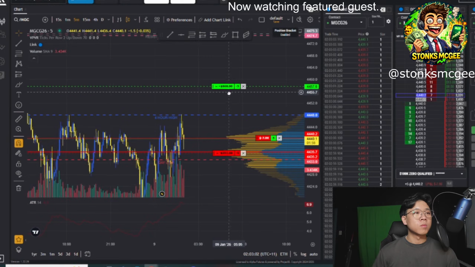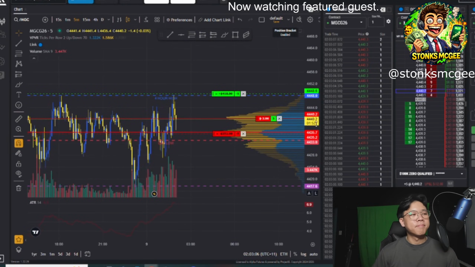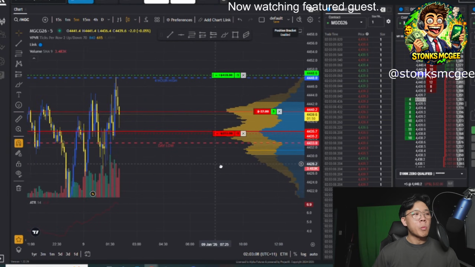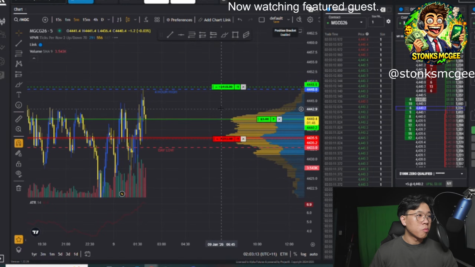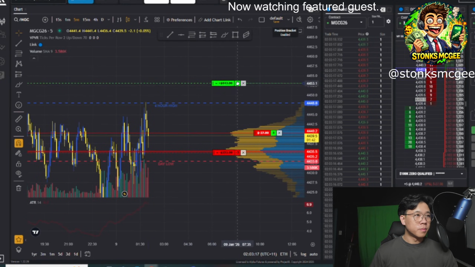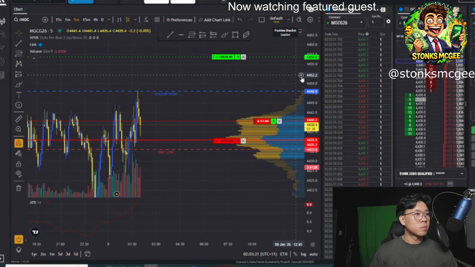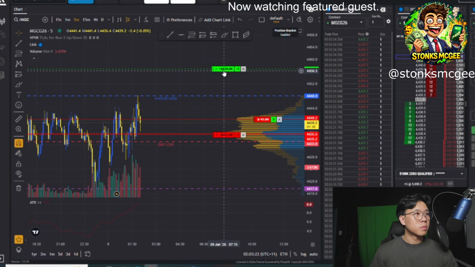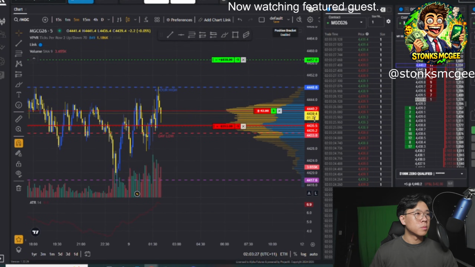That's why I've just put in a long just after volatility from market open died down, and I already took partials at the 4 hour high. I just am trying to figure out where I'm going to put this, because look, I used the Fibonacci retracement and it set me up here-ish, but we'll see.